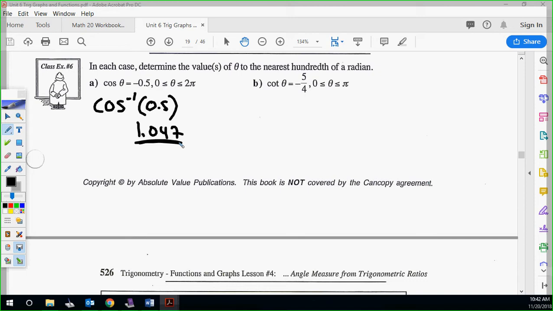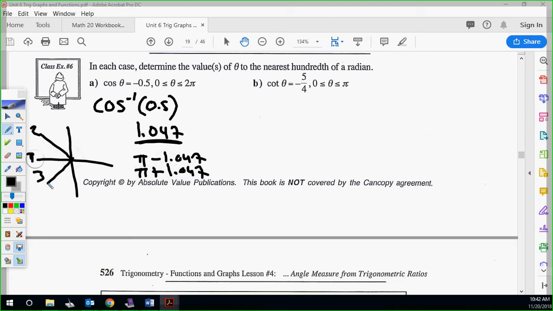We want cosine to be negative. So again, where's cosine negative? 2 and 3. So if this is my reference angle, what is this spot here in radians? Pi. So I'm going to go pi minus 1.047, pi plus 1.047, right? Minus for that one, plus for that one.